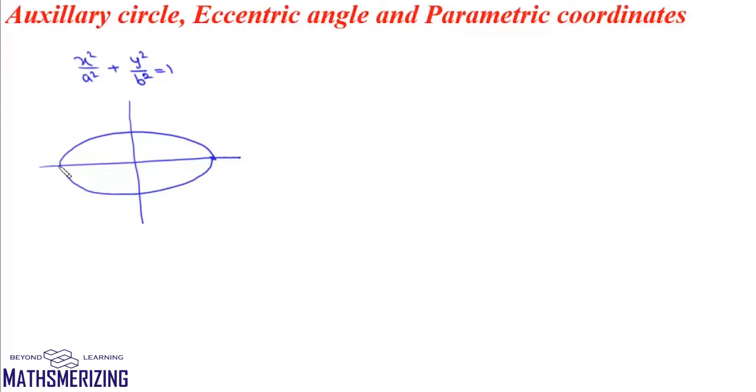Now these points are called vertices of the ellipse. So this point is (minus a, 0), and this is (a, 0), and we'll also draw a hyperbola, which is x square upon a square minus y square upon b square equals 1.